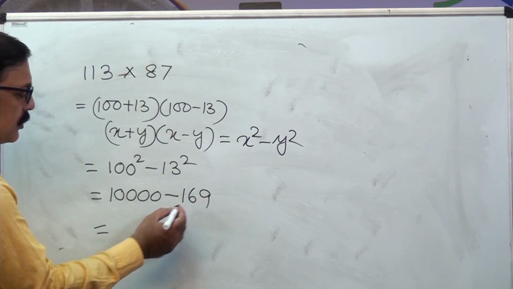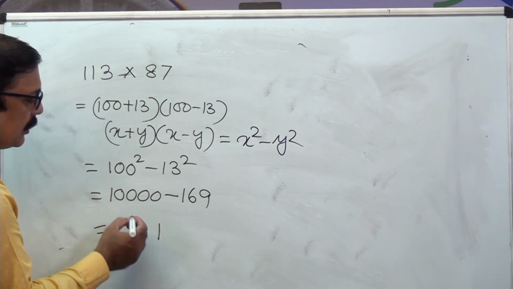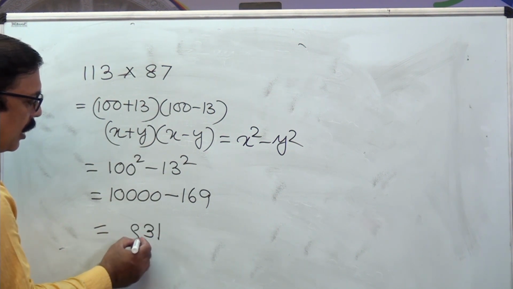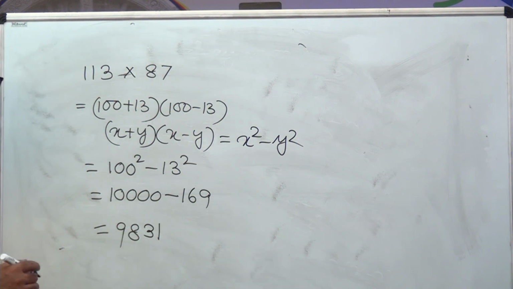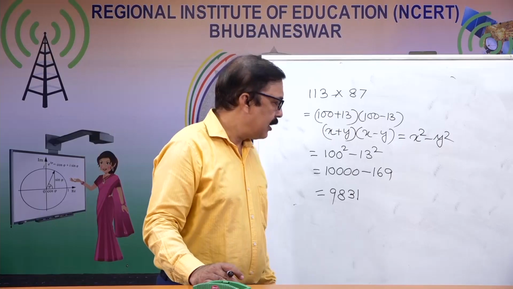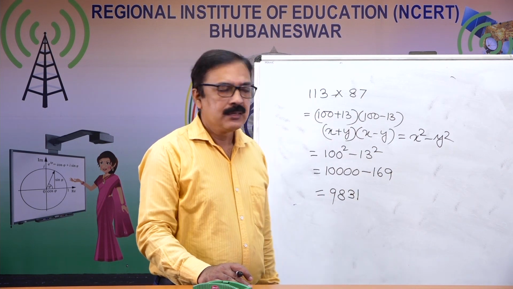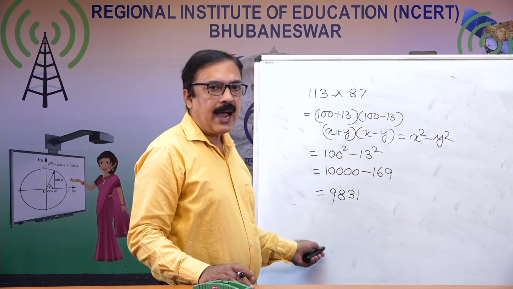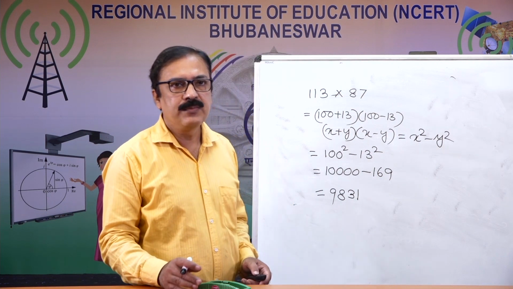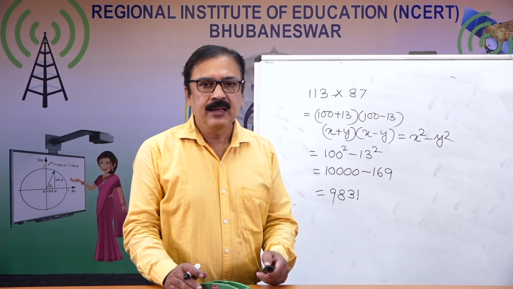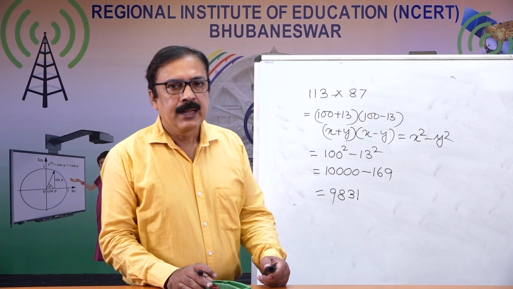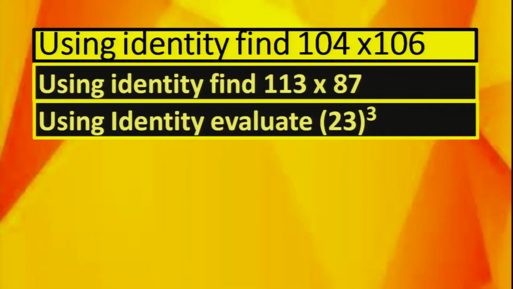So this gives 9831. So without actual multiplication, just by applying the identity a square minus b square, we can find the answer. Then using identity, evaluate 23 to the power 3.